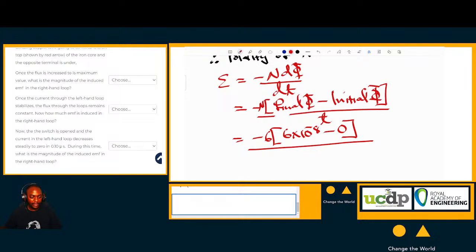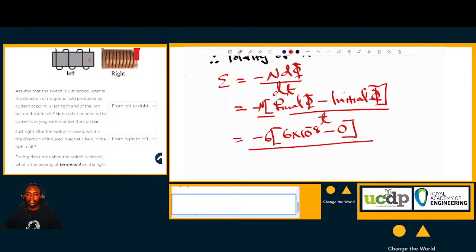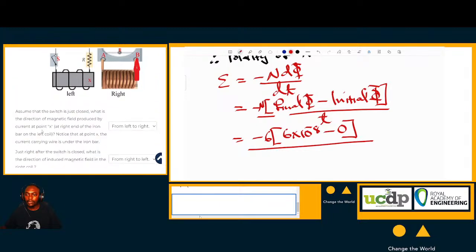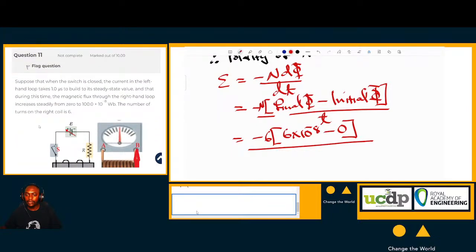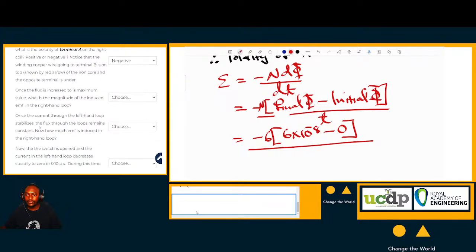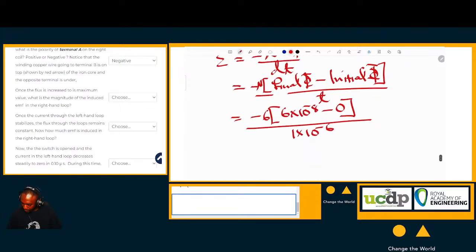I'll just check. We're given, yeah, from 0 to 1 microsecond. So that's 1 times 10 to the negative 6.